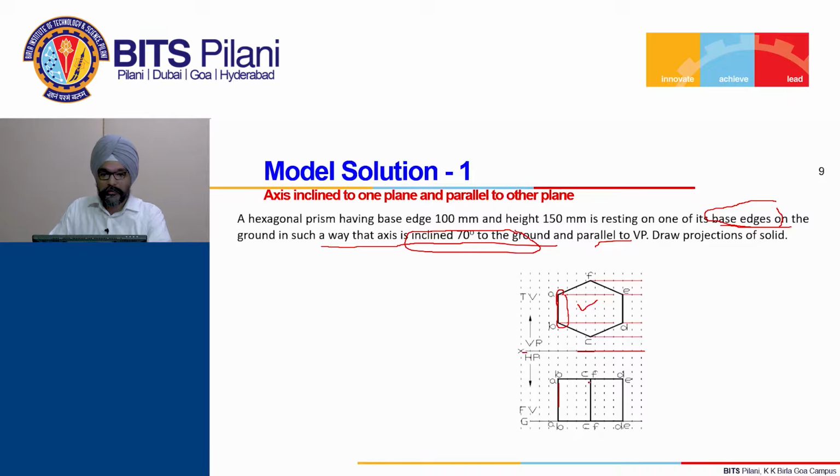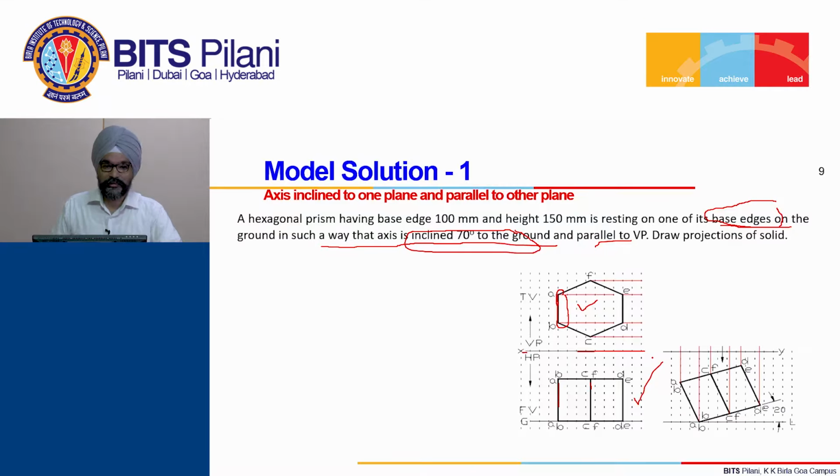This is how the front view will finally look in the initial position. Why have we chosen this initial position? The care that has been taken is that the top view gets the true shape of the base first, and also that AB, one of the base edges, is perpendicular to the xy line.